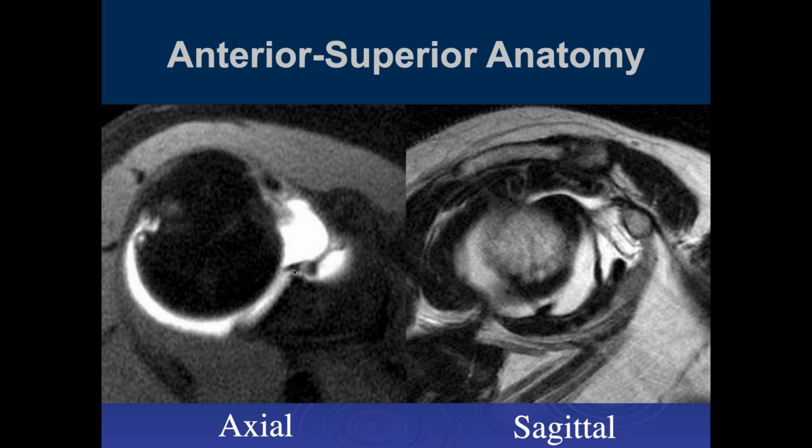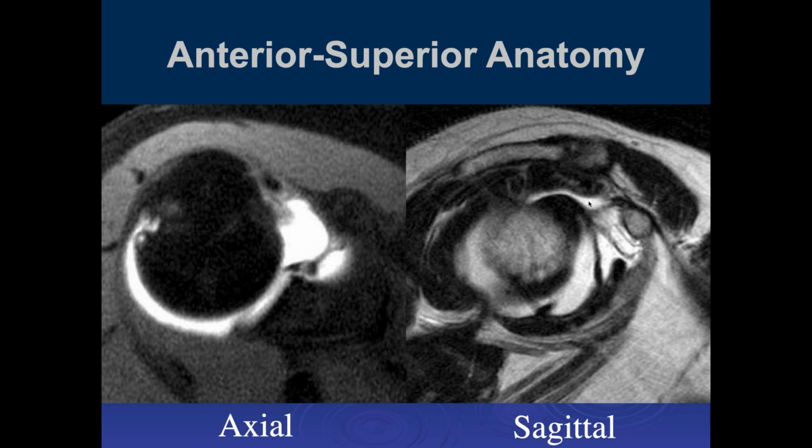It attaches to the superior labrum. This is also the attachment of the inferior glenohumeral ligament, which will extend inferiorly. And occasionally there's a variant where the anterior band of the inferior glenohumeral ligament will come all the way up and attach to the same location, which can be confusing, which we're going to talk about.